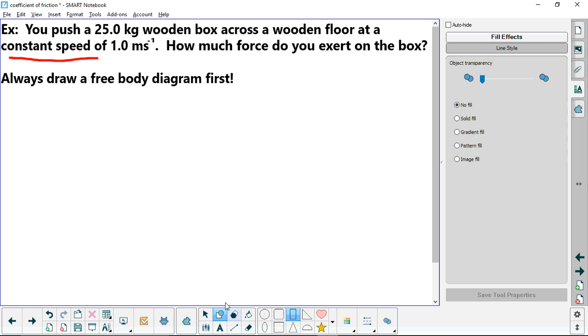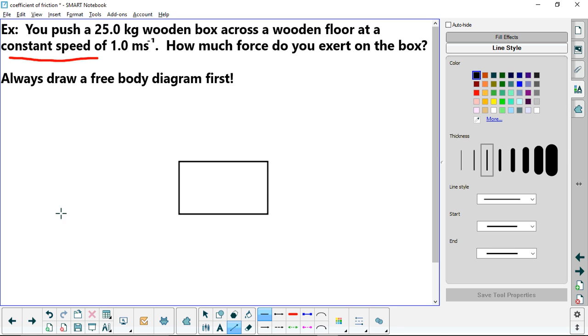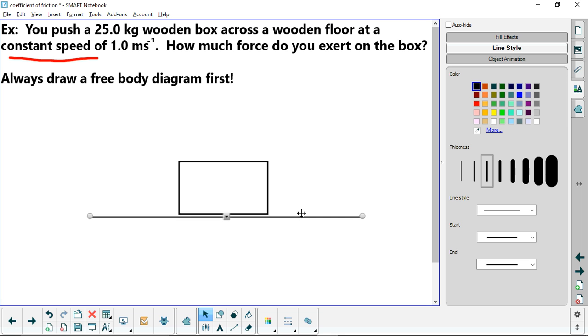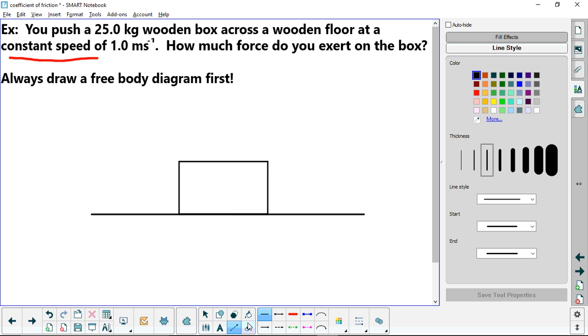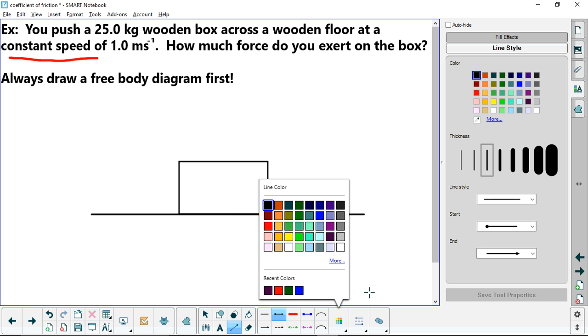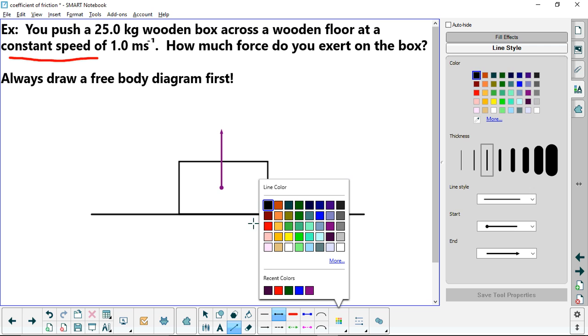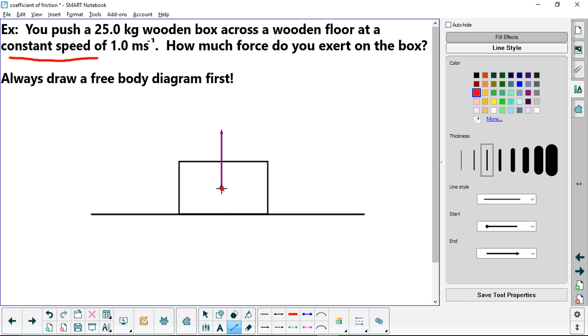So if I draw a free body diagram of this situation, here's my crate. Here is my wooden floor that the crate is sitting on. I can start to draw my free body diagram, applying some forces to this crate. Here is my normal force. My gravitational force is going to be equal and opposite that of my normal force.